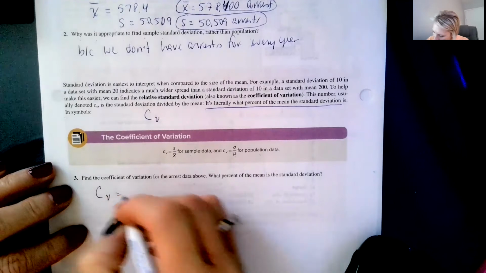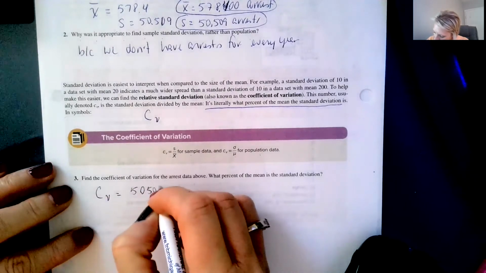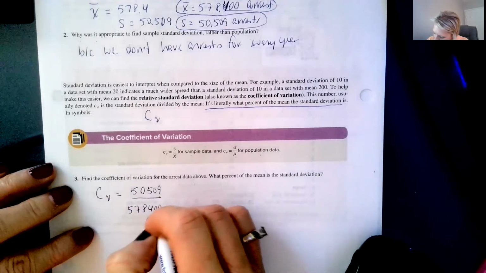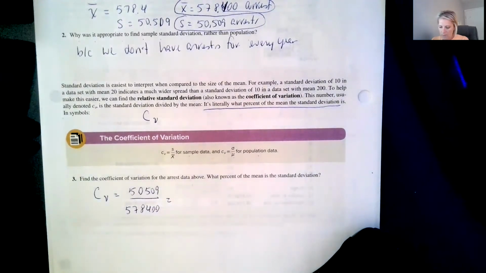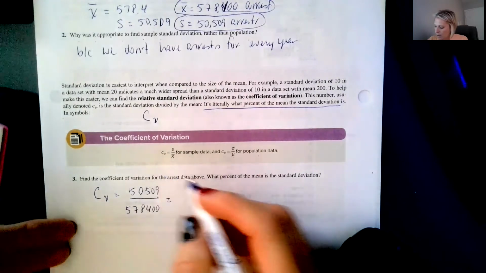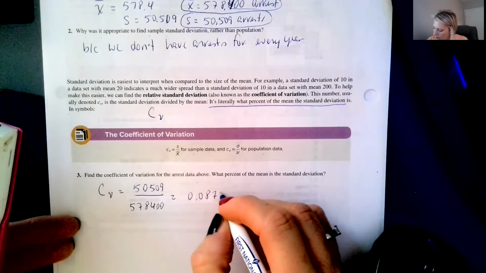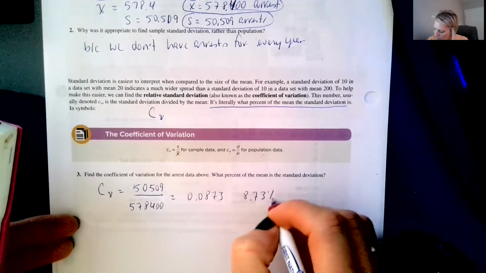So that would be the 509 divided by the 578,400. And that comes out to be 0.0873, so 8.73%.